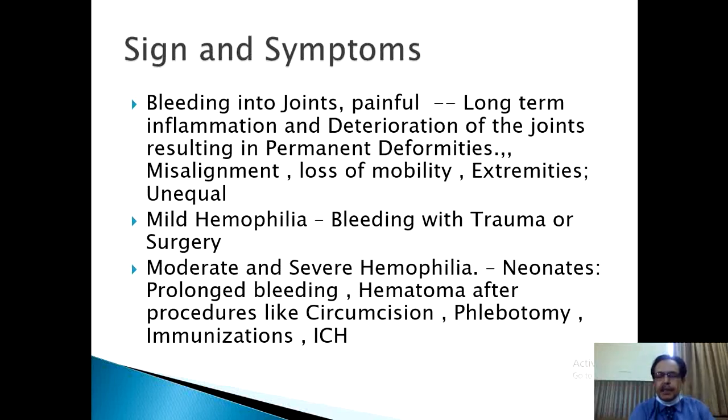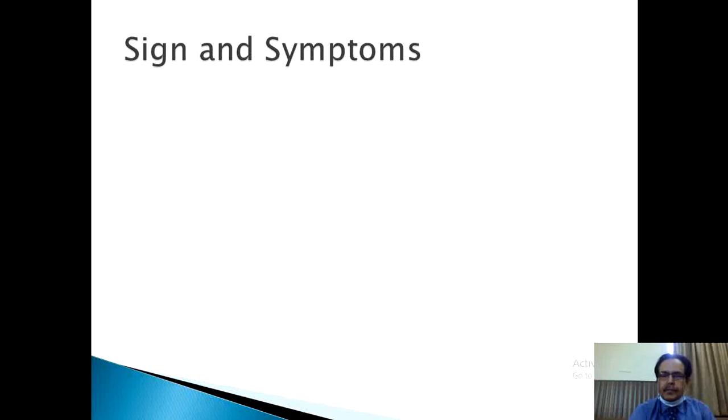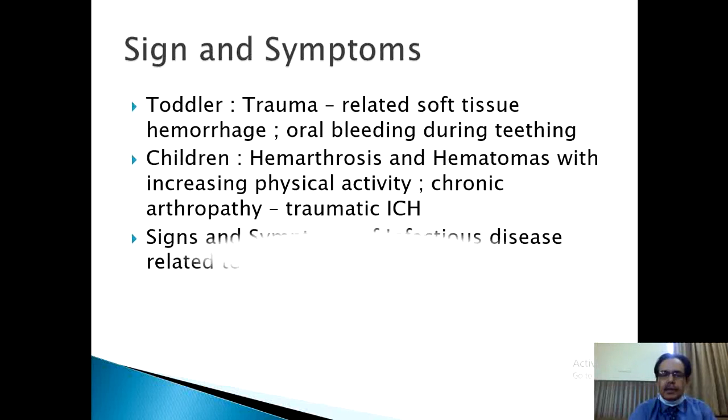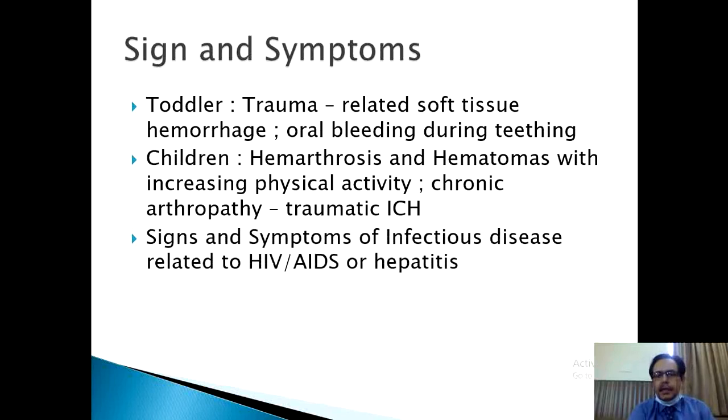neonates may be the victims. There will be prolonged bleeding and hematoma after procedures like circumcision, phlebotomy, and immunizations, and sometimes the patient can straightway present to you with ICH, the acronym of intracerebral hemorrhage. In the toddler, after trauma, the related tissue can have hemorrhage.